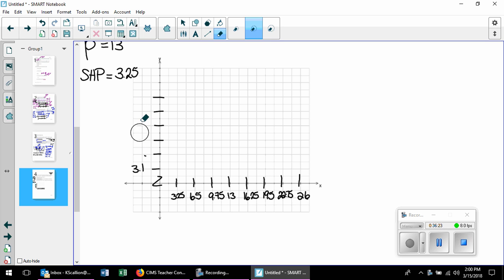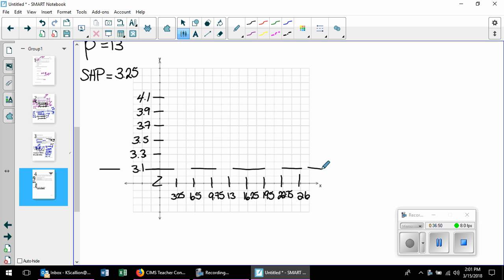So can't do every second one, got to do every one. This would be 3.3, 3.5, 3.7, 3.9, 4.1. So minimum you said was at 3.1.